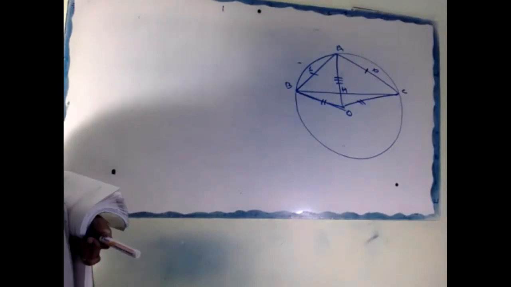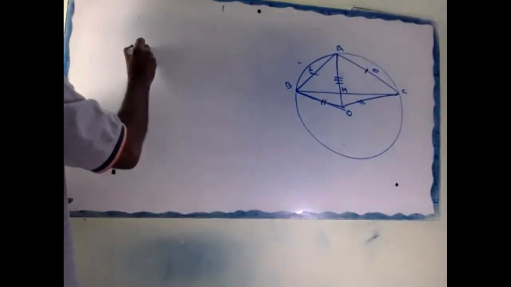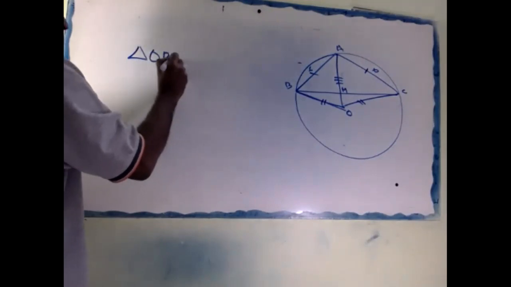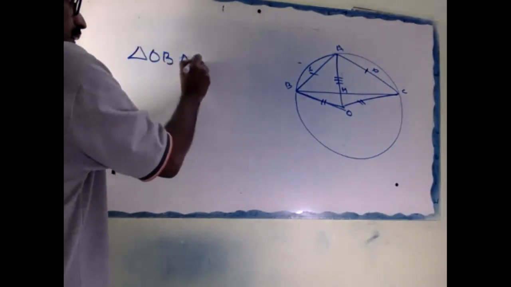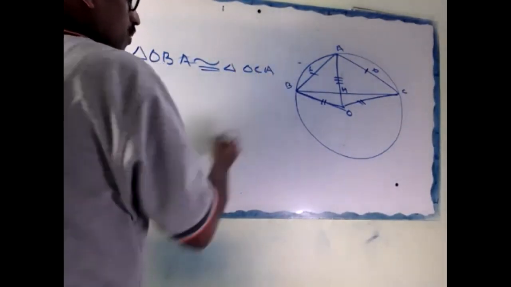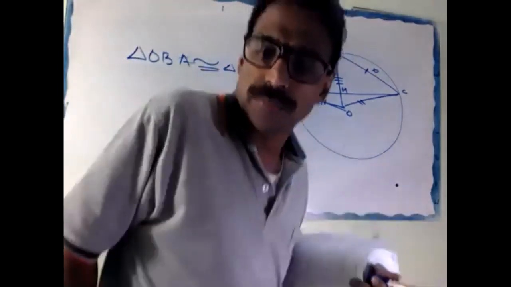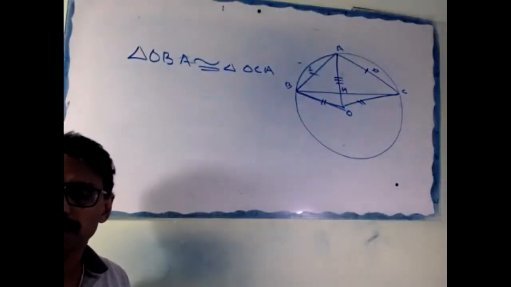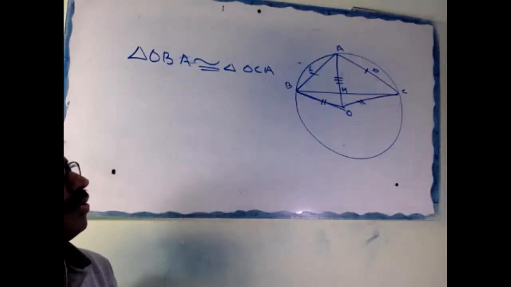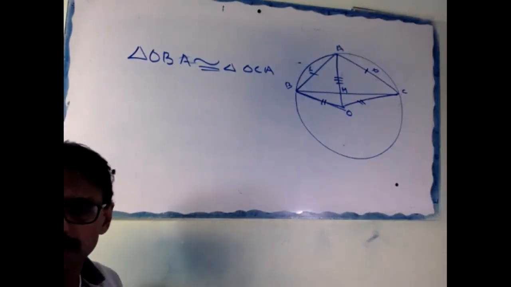Therefore, triangle OBA congruent to triangle OCA, SSS congruency.